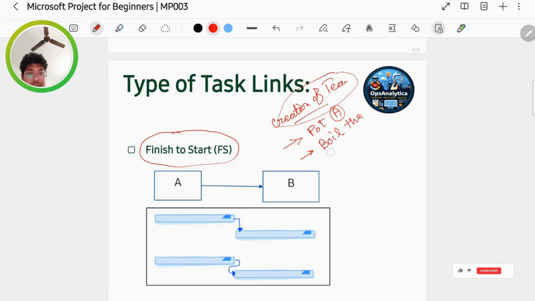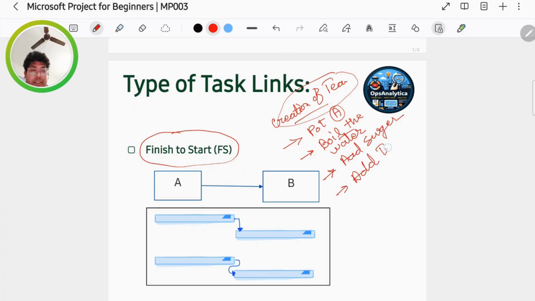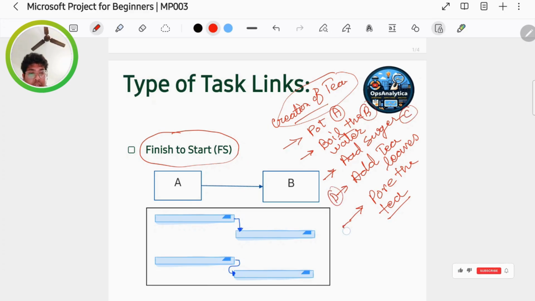Third, once we boil the water, we have to add sugar. Then we have to add tea leaves. Once it is done, we have to pour the tea. These are the activities we have to do. How many activities? A, B, C, D and E. 5 activities we have.